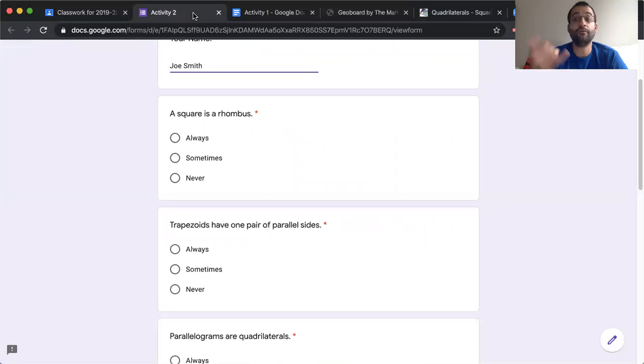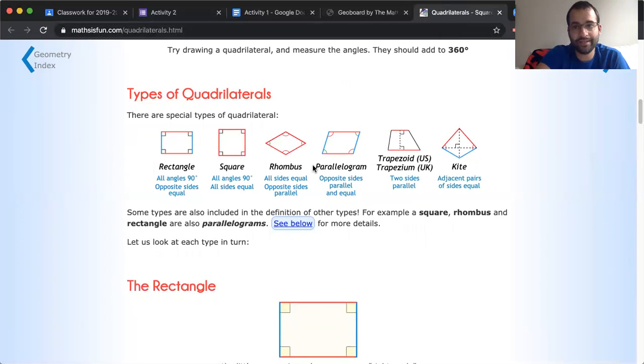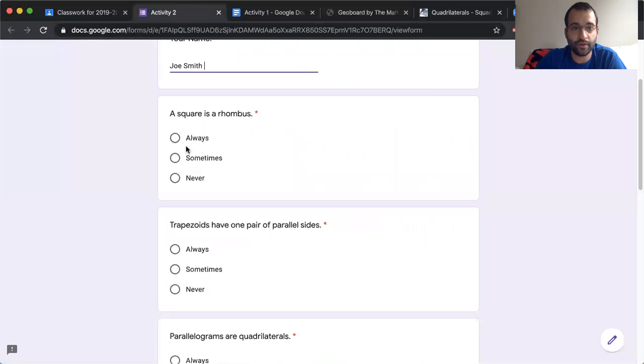Okay, now if it was reversed and said a rhombus is a square, that wouldn't be true. Because if I go back and look, does a rhombus right here have the same characters as a square? Well, let's see. A rhombus, all sides are equal. That's true, but it doesn't have square corners. So that wouldn't be true. So for this first one, I'm going to say always. So a square is always going to be a rhombus.